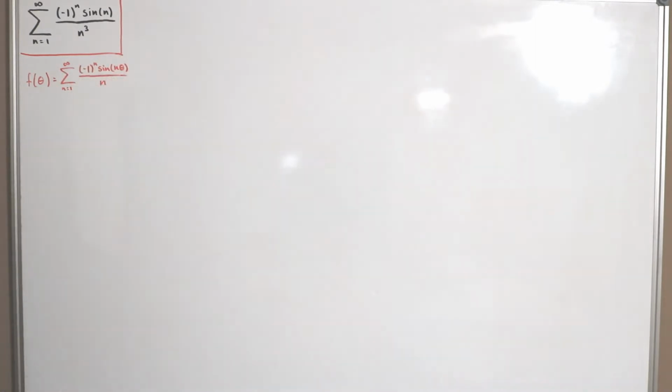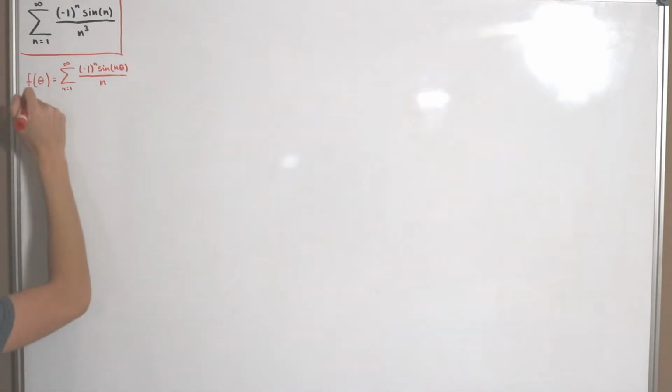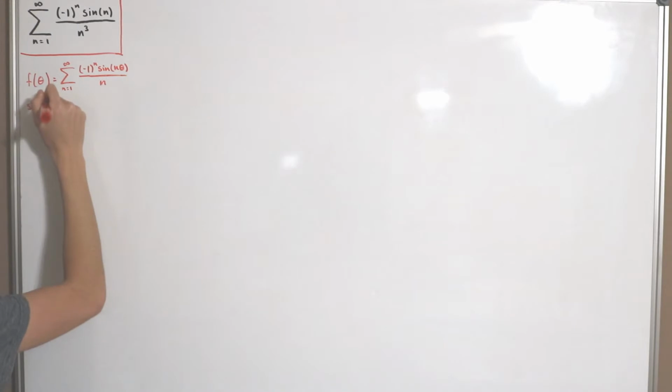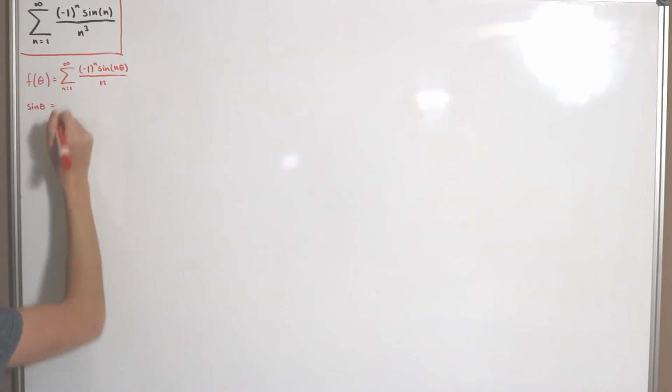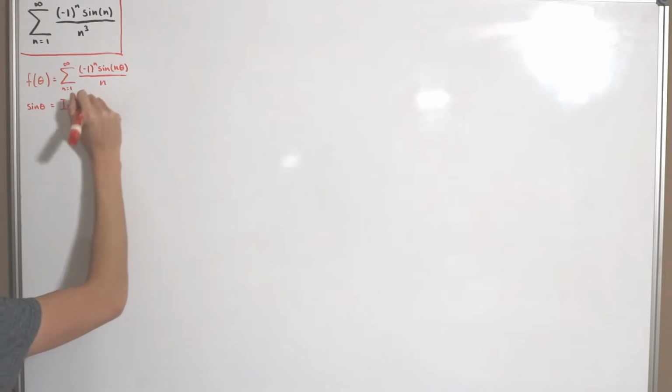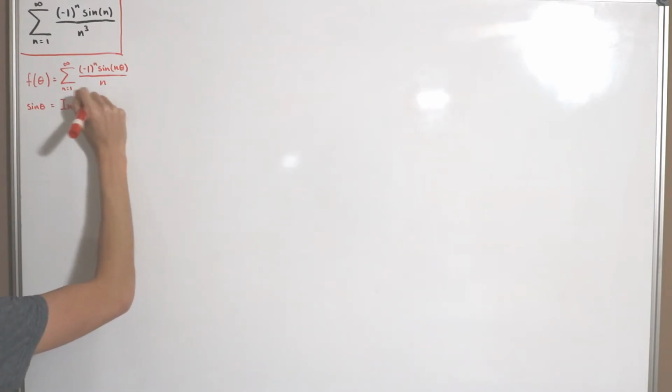n. Okay, and now one thing I would like to note is that if we use our definition of Euler's formula, we know that sine theta is just equal to the imaginary part of our exponential e to the power i times theta.